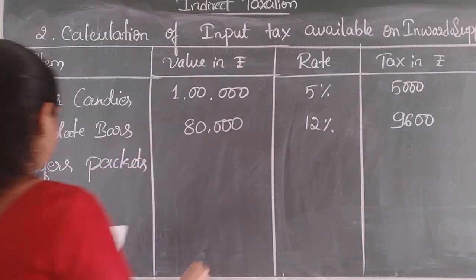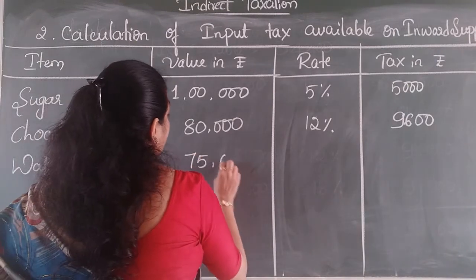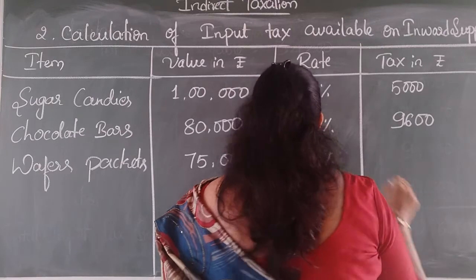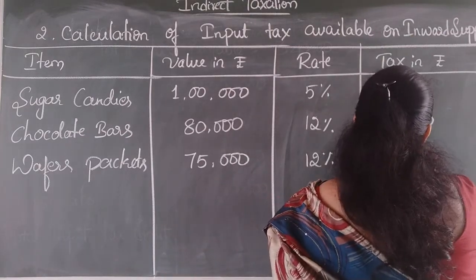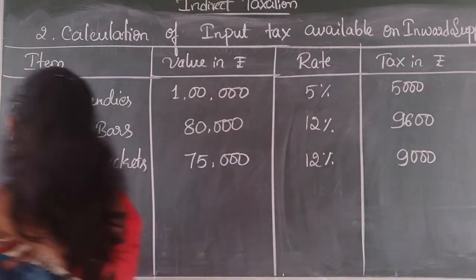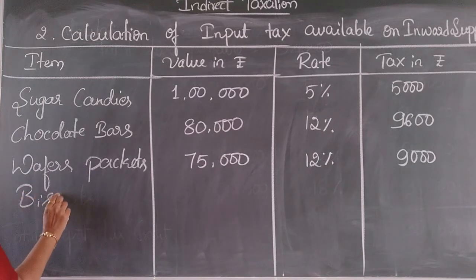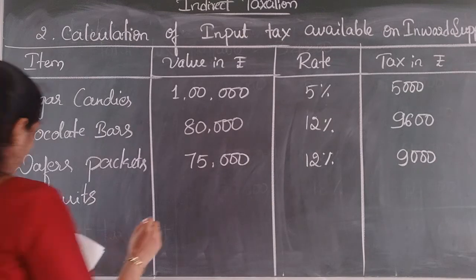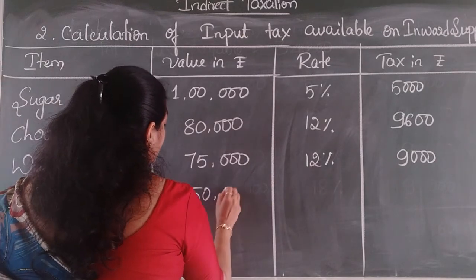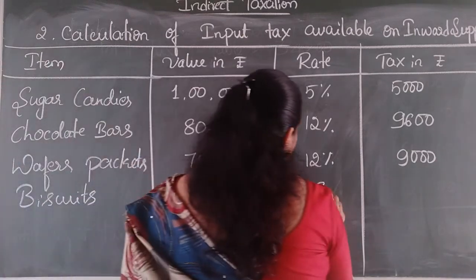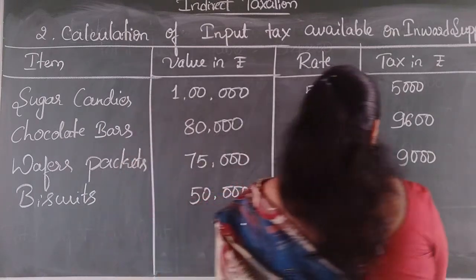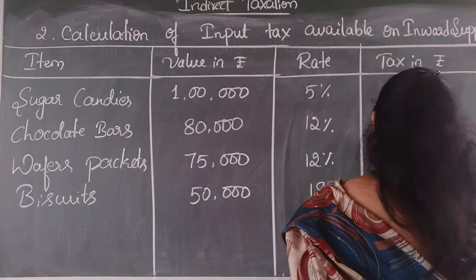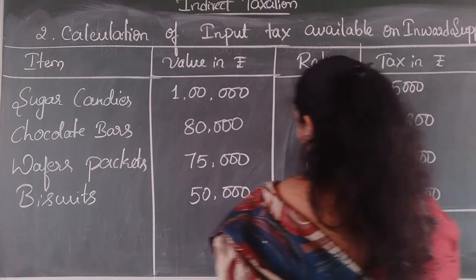Total inward supply is 75,000. Rate of tax is 12%. 12% of 75,000 is 9,000. Biscuits. Total inward supplies is 50,000. 18% is the rate of tax. 18% into 50,000 gives you 9,000.